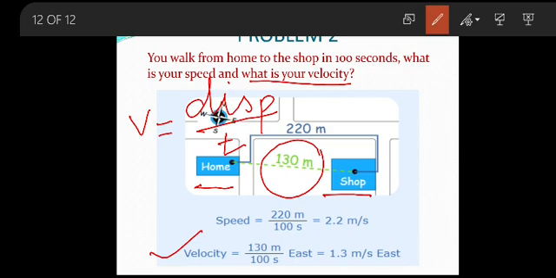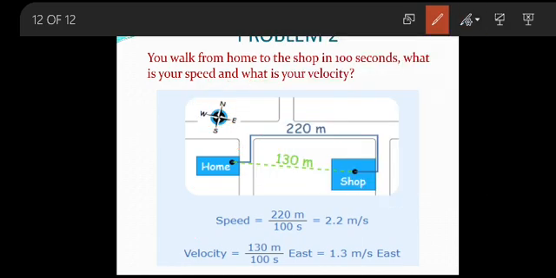Velocity is equal to displacement, that is 130 meter in this case, divided by time taken from the question, 100 seconds. Which direction is it? You have to mention the direction, only then it will be your velocity. Otherwise it will be considered as your speed. That is why they gave you the north, east, west, south directions in the question itself. The shop lies in the east direction. So the direction will be east: 1.3 meter per second east.